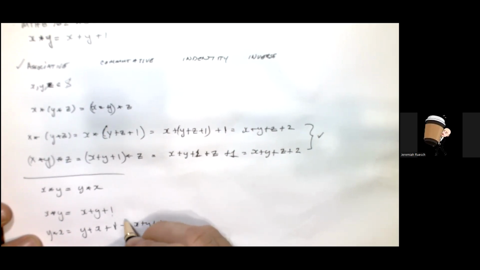It's going to equal y plus x plus 1. Okay. And given that these are, let's say, real numbers, then I can rewrite this one as x plus y plus 1, which is identically equal to those two are exactly the same. And so it checks that it is in fact commutative given this set.